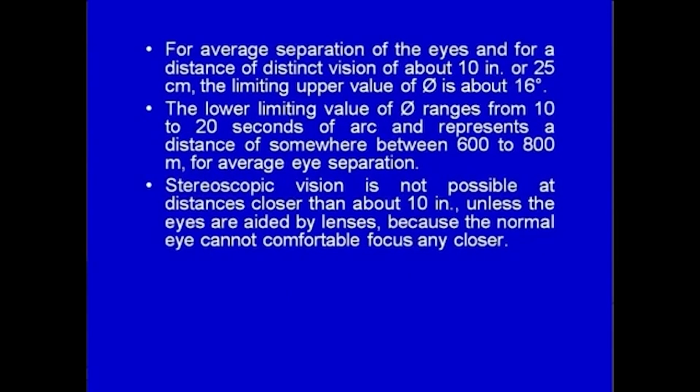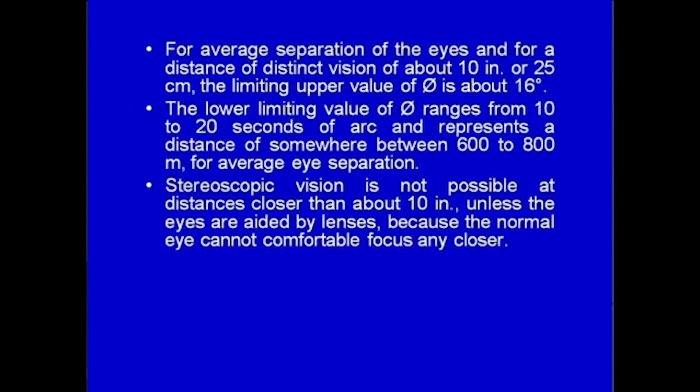For average separation of the eyes and for distance in the distinct vision of about 10 inches or 25 centimeters, the limiting upper value of phi is about 16 degrees. The lower limiting value of phi ranges from 10 to 20 seconds of an arc and represents a distance of somewhere between 600 to 800 meters for average size eye separation.